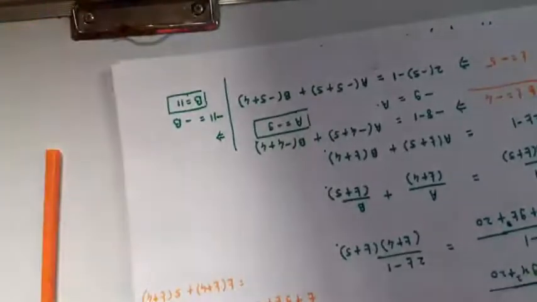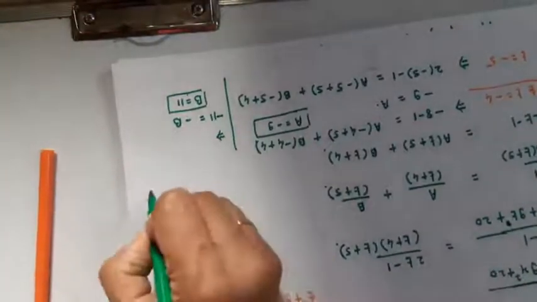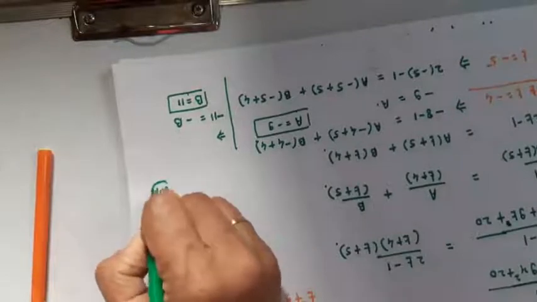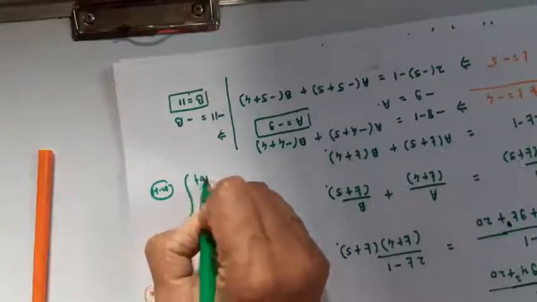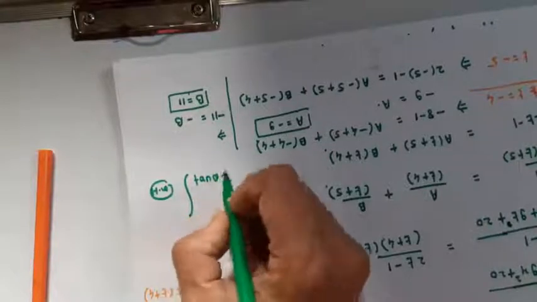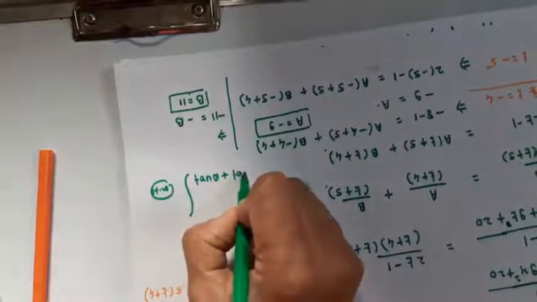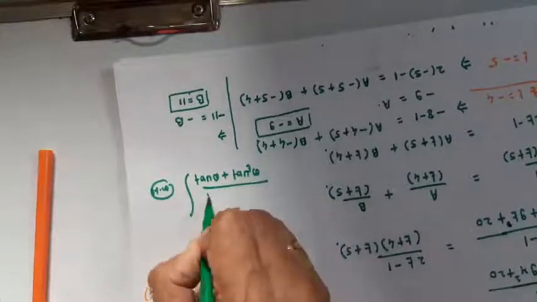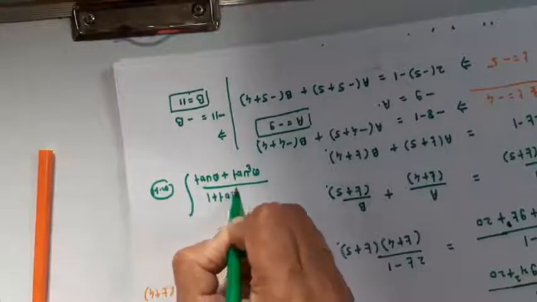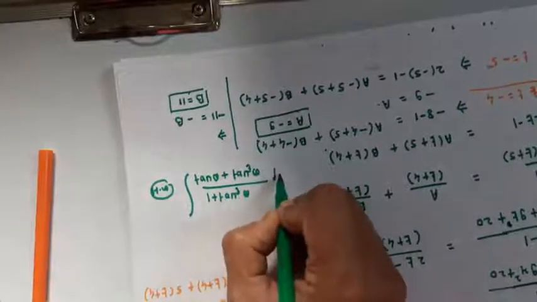Let us take an example as a homework problem for you students. The problem is: evaluate the integration of tan theta plus tan cube theta upon 1 plus tan cube theta with respect to theta.